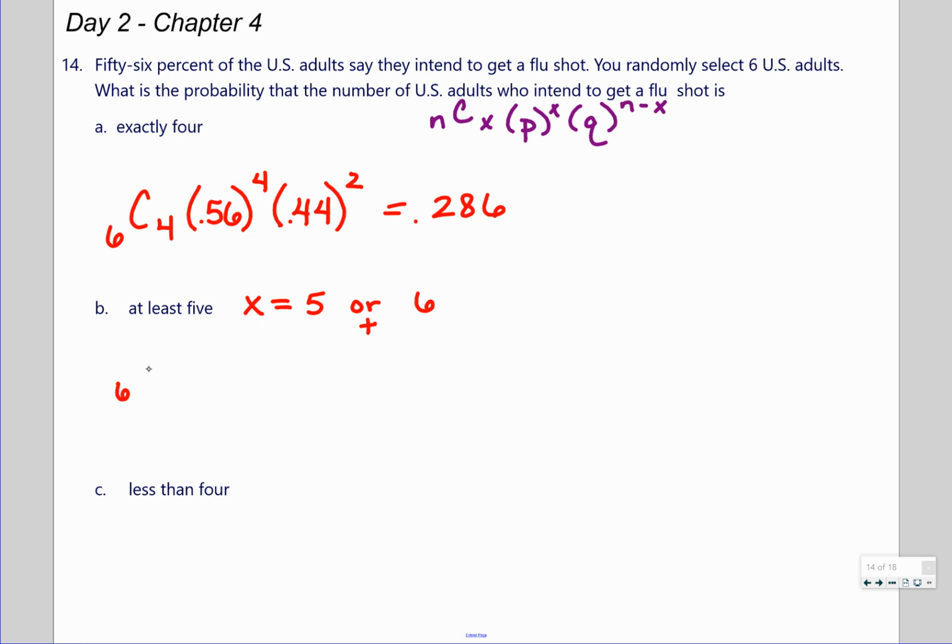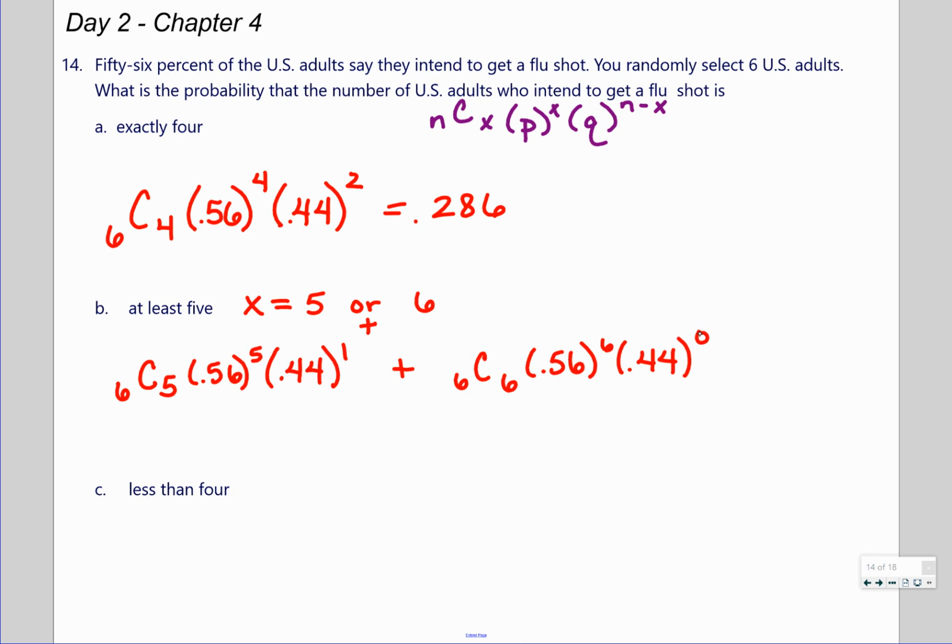So 6 choose 5, 0.56 to the 5th, 0.44 to the 1st. And then to that, we're going to add 6 choose 6, 0.56 to the 6th, and 0.44 to the 0 power. Okay. And then type them each in.